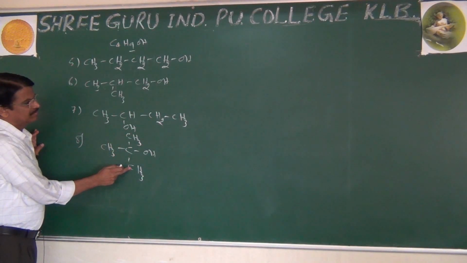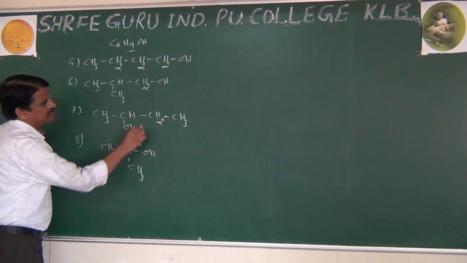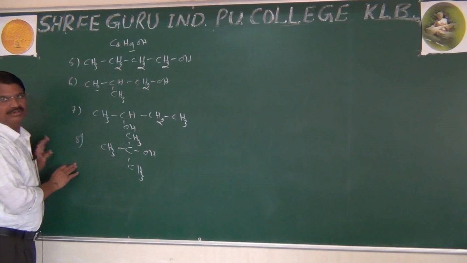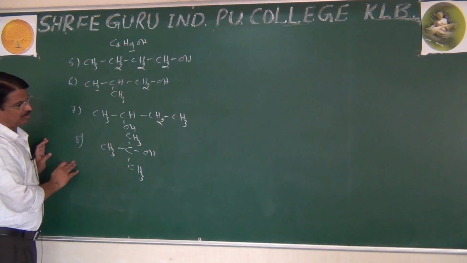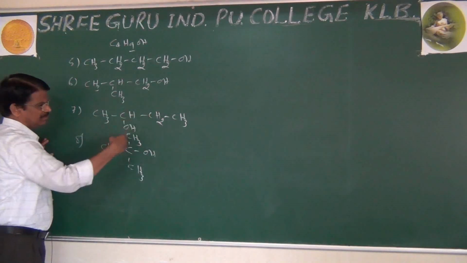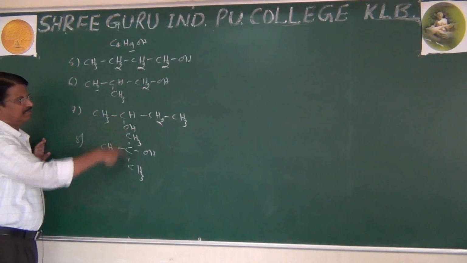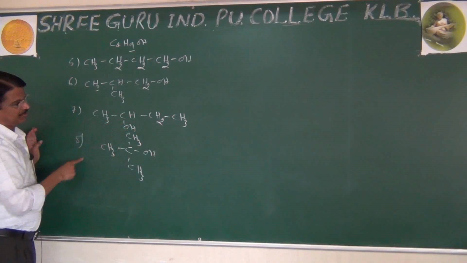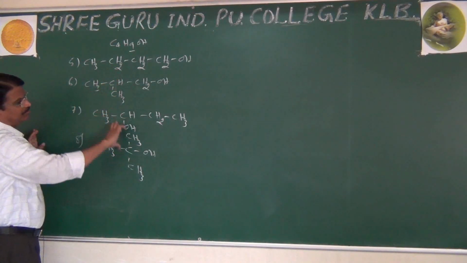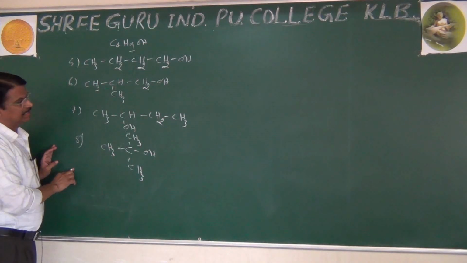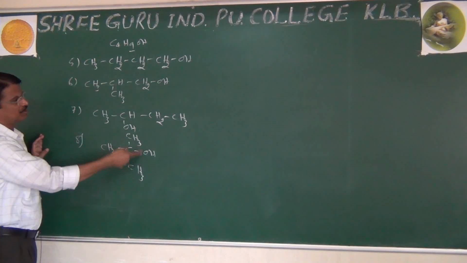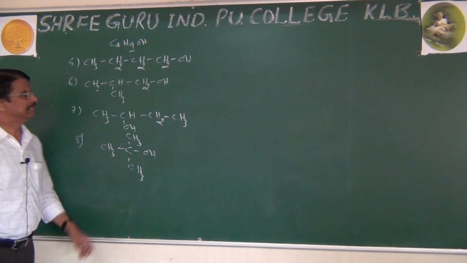But here the difference is secondary alcohol, tertiary alcohol. Here the carbon chain is straight, here branched. Again this is chain isomerism. Then position 1, 2, 1, 2, second position, second position. Okay.